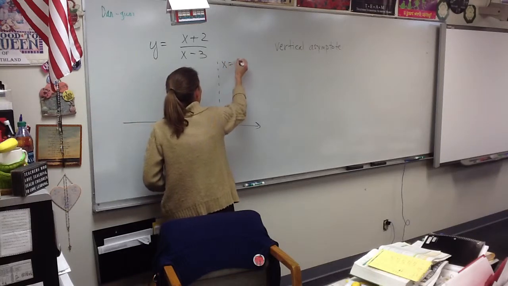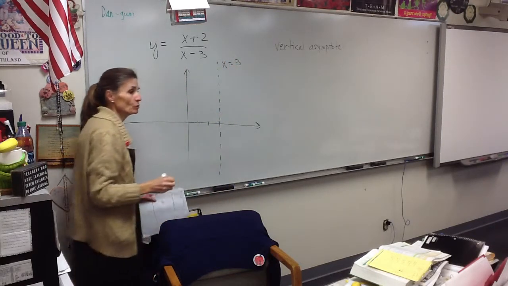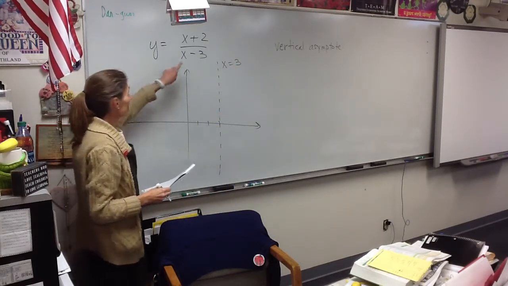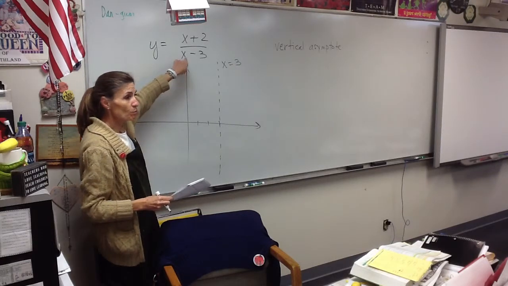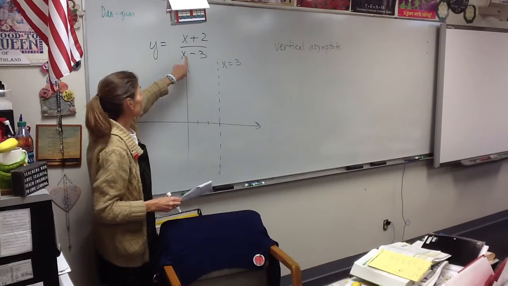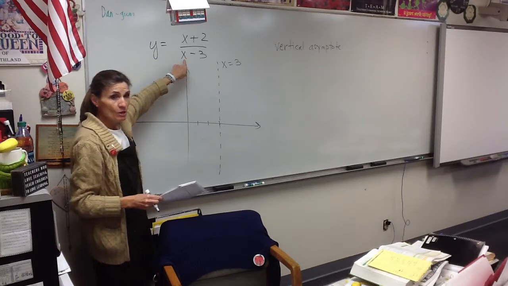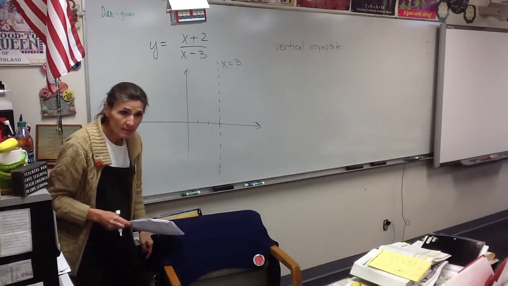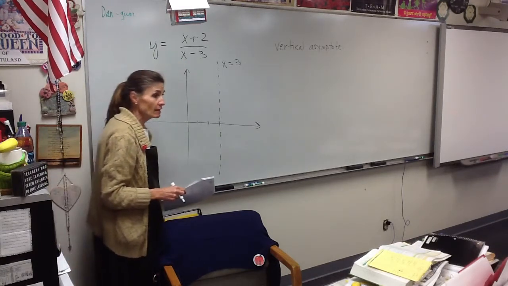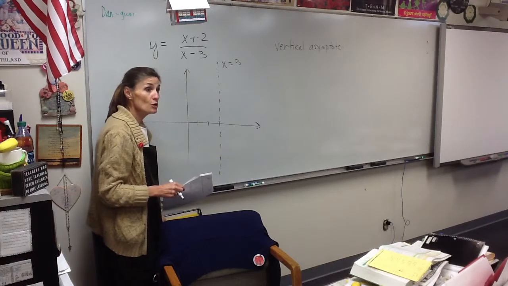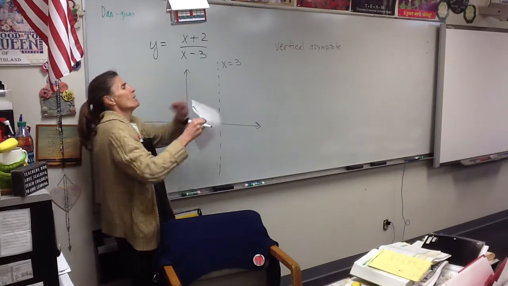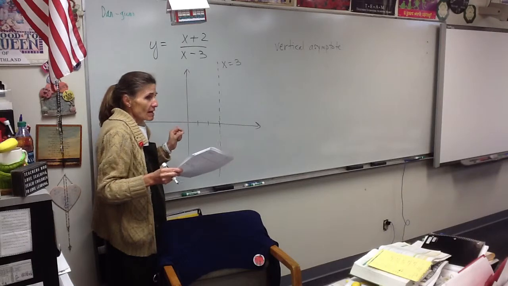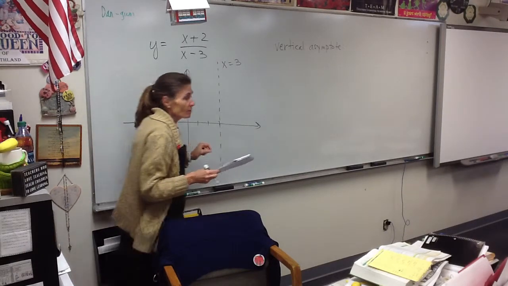Now, why isn't it x equals -2? Because what happens if you put a 3 in for x? You get a 0 in the denominator, and is that allowed? No. We're never allowed to have zeros in the denominator.